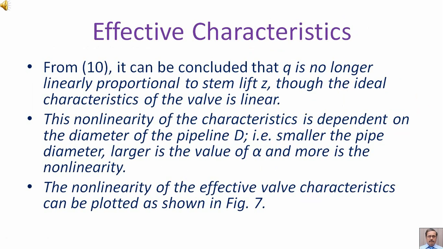Effective characteristics. From equation 10, it can be concluded that Q is no longer linearly proportional to stem lift z, though the ideal characteristics of the valve is linear. This non-linearity of the characteristics is dependent on the diameter of the pipeline, capital D. That is, smaller the pipe diameter, larger is the value of alpha and more is the non-linearity.